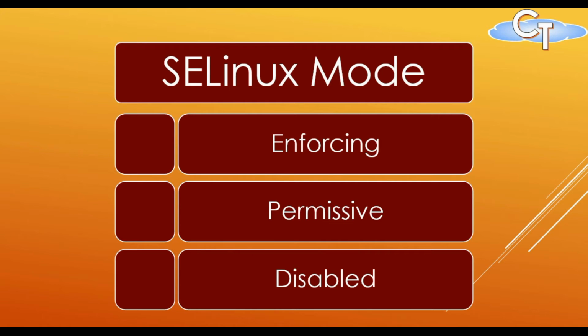This mode is helpful in troubleshooting any issues found during access control. The third is the disabled mode. In this mode, SELinux is neither going to block any access nor notify us.